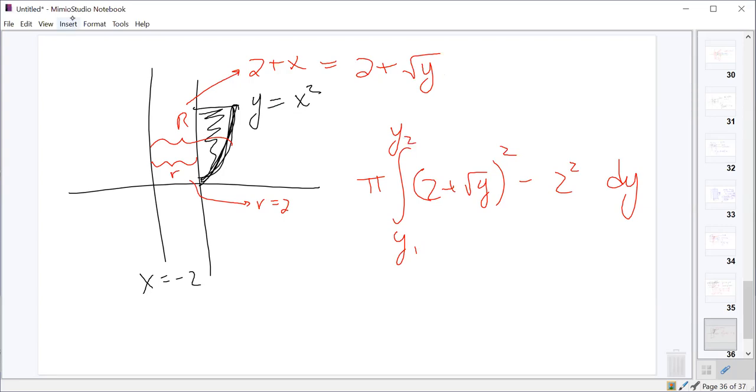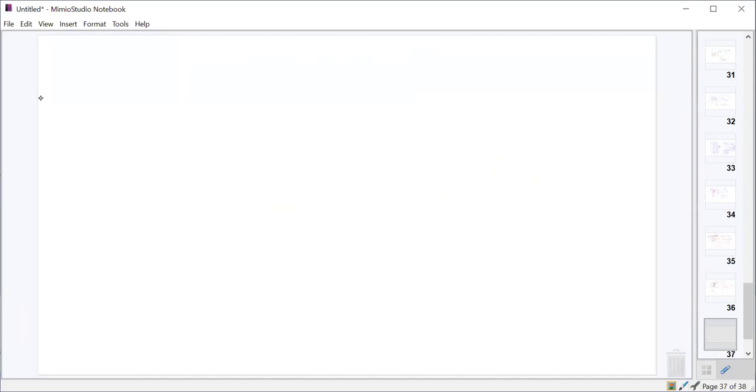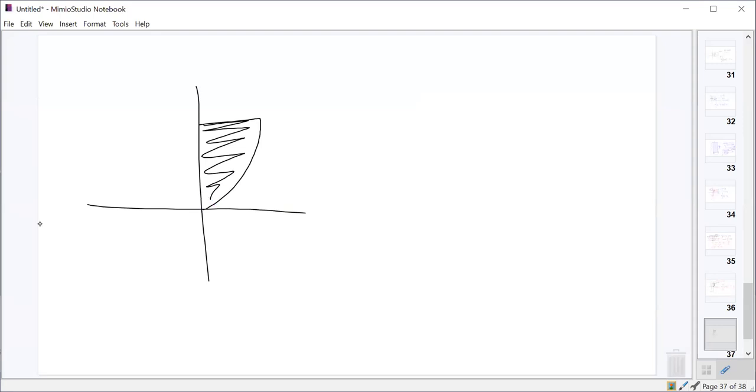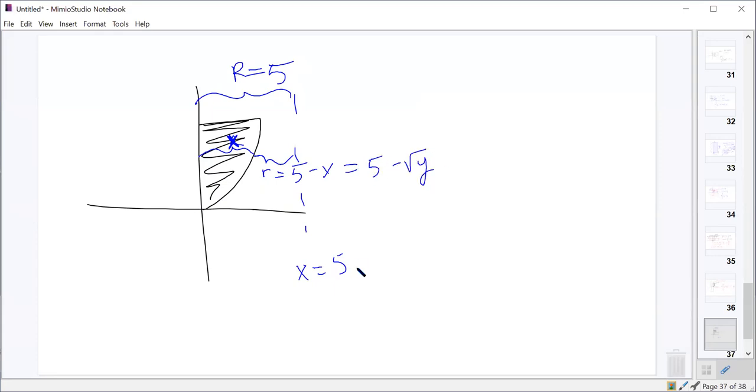Mm-hmm. And if we wanted to revolve the same region, this region right here again, around some line like x equals 5, well, then we would note that our outer radius would be 5, and our inner radius would be the entire distance of 5 minus however far x we've gone over, which would be 5 minus that root y.